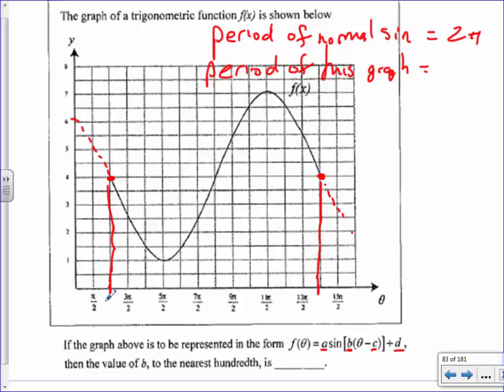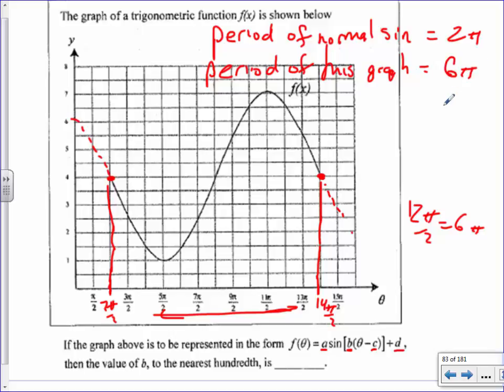I'll just double check here. This is a 2 pi over 2. And this is 14 pi over 2. So that would be 12 pi over 2 in between them all, which would be 6 pi. Is that okay with everybody so far? The period of this graph is 6 pi?